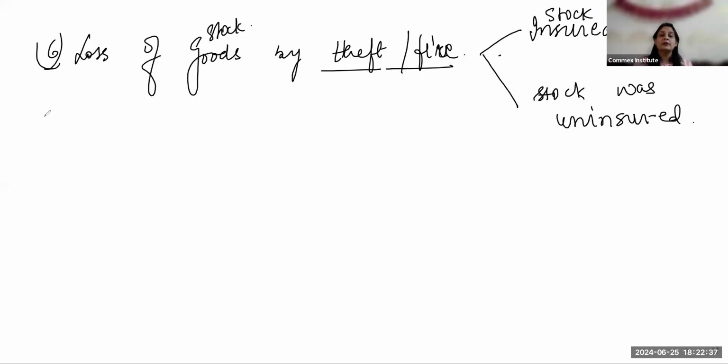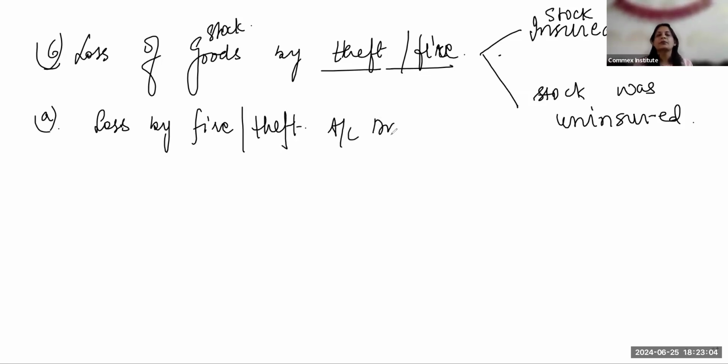Now see, we have to pass a number of entries over here and try to understand. Now, when there is loss of stock, that is a loss for us. Losses are debited. Nominal account rule, losses are debited or expenses are debited if you go by modern classification. So first entry we'd like would be loss by fire account debit, loss by fire or loss by theft, जो भी आपको दे रखा है question में, account debit. Two, purchases account. First would be that entry.